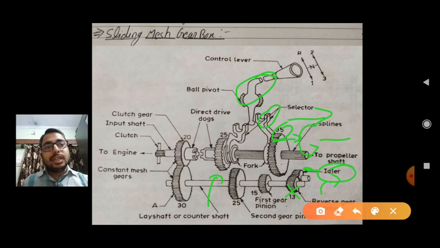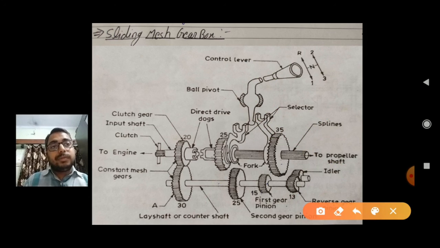If the rotation direction of your lead shaft is clockwise, then the idler gear rotates anti-clockwise, and since the idler gear is attached with this gear, the rotation direction of the propeller shaft is again clockwise.